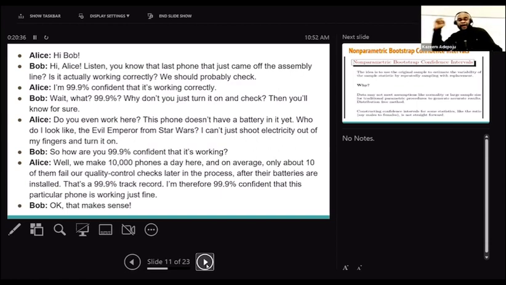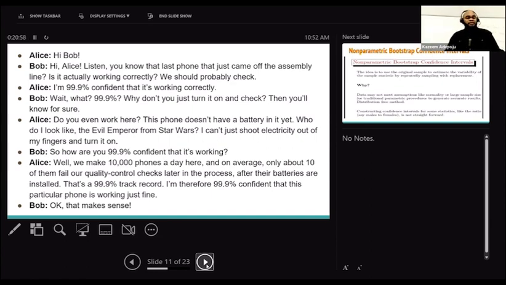Only 10 out of 10,000. And later in the process, after their batteries are installed, that is a 99.9% track record. And therefore, 99.9% confidence that this particular phone is working just fine. And Bob now said, okay, that makes sense now.